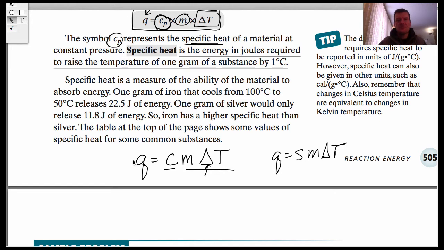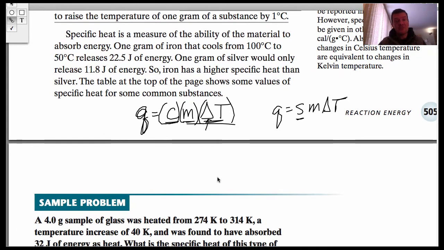It's simply Q is the amount of heat, C or S, whichever variable you prefer, is the specific heat for that substance. M is the mass, delta T is the temperature change. You have 3 variables here. Actually, we have 4 variables because delta T is the change in temperature.